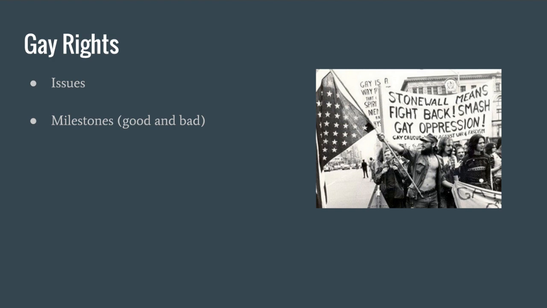In 1969, what a lot of people see as the true beginning of the gay rights movement was the Stonewall riots. In this event, the patrons of the Stonewall Inn, a bar in Greenwich Village in New York, rioted when police officers attempted to raid this gay bar at about 1 a.m. Since its establishment in 1967, the bar had been frequently raided by the police, trying to clean up the neighborhood and get rid of so-called sexual deviants.